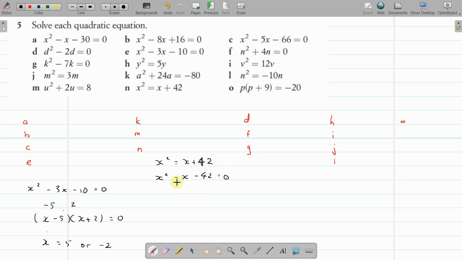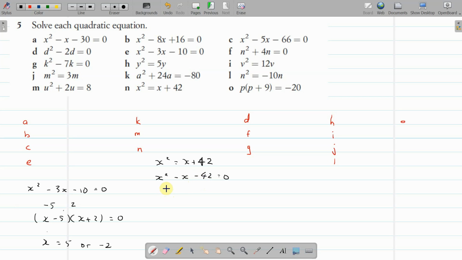Okay. Two numbers multiply to get minus 42, and when you add them, it equals minus 1. Well, there's 42 and 1, 21 and 2, 14 and 3, 6 and 7. I think that'll be it. Is it minus 6 plus 7 or minus 7 plus 6?